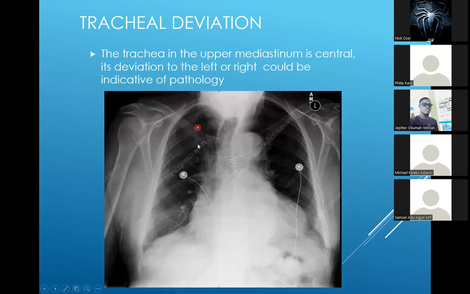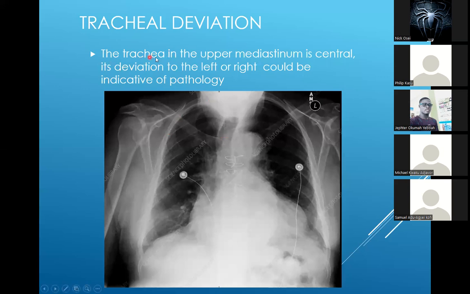Either there is something here that is pulling the trachea, or there's something here that is pushing the trachea. So whenever you see a deviated trachea, this is the first thing you want to look out for: is it being pushed away or is it being pulled towards the side? You get me? All right.